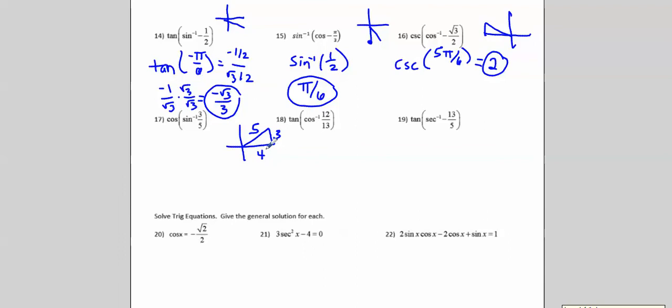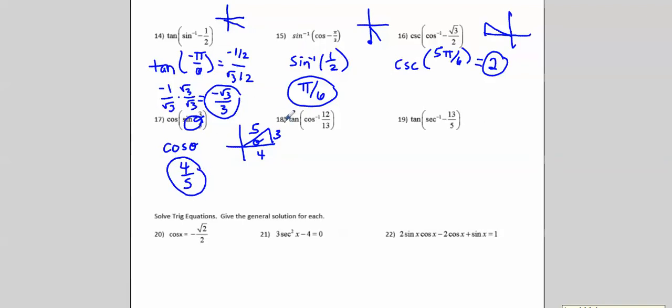Double check to make sure positive 4 makes sense. It does. So here's my theta. So inverse sine of 3/5, I never find the angle, but I do know that all of this represents theta. So I'm finding the cosine of theta now. Cosine is adjacent over hypotenuse, so your final answer is 4/5.